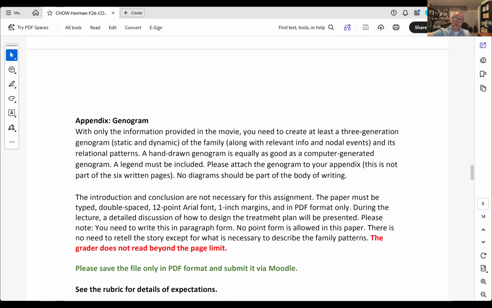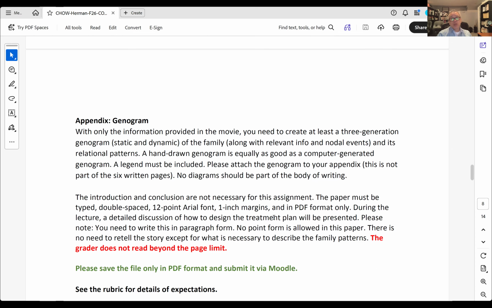Who's in conflict with whom, who's actually more over-functioning, things like that, indicated by your lines and diagrams. That will give us a bit of an idea about what those relational patterns may be. Okay. And in your genogram, you should also include anything that is relevant information and nodal events. There are always some. So you need to get specific around that.